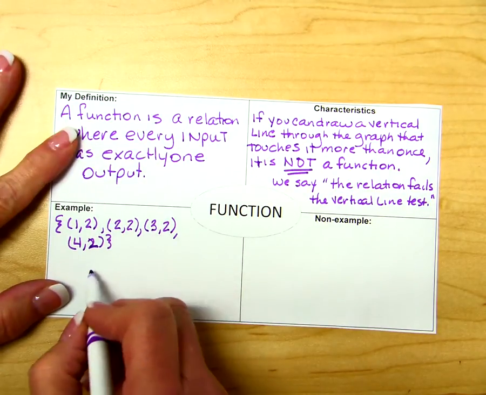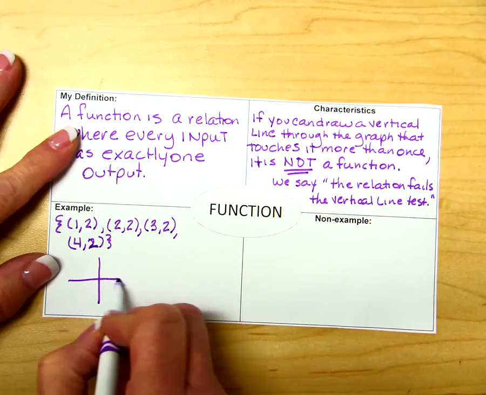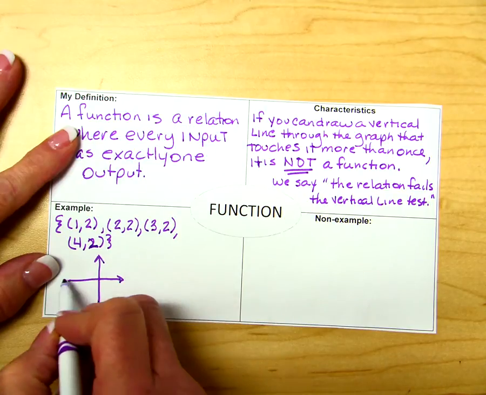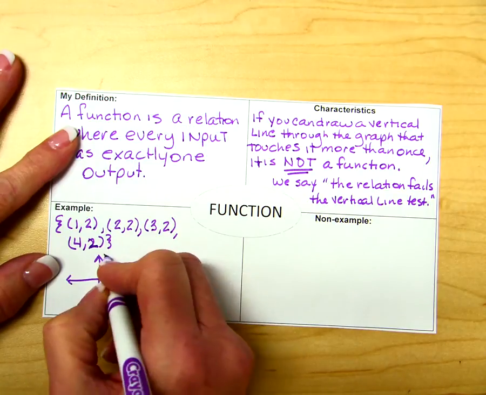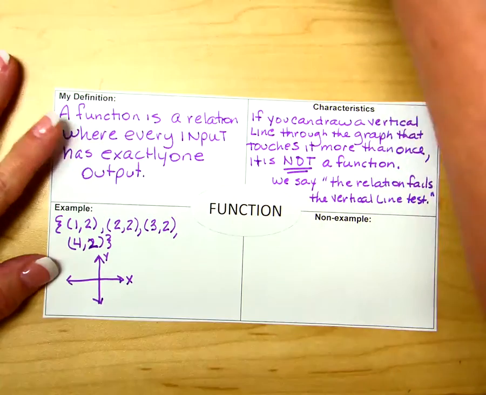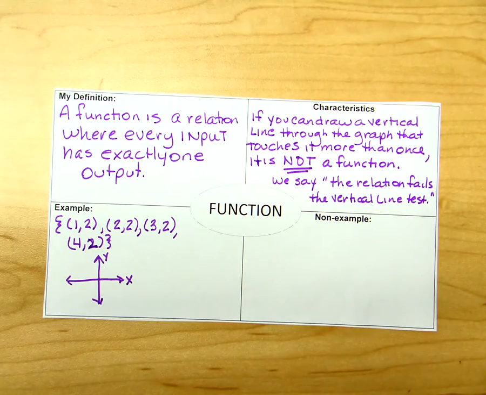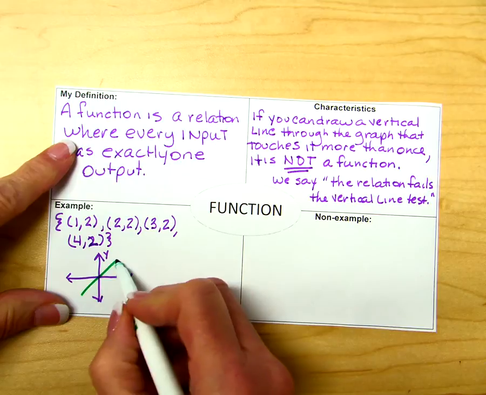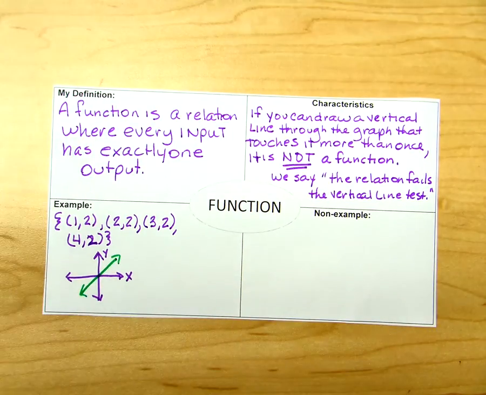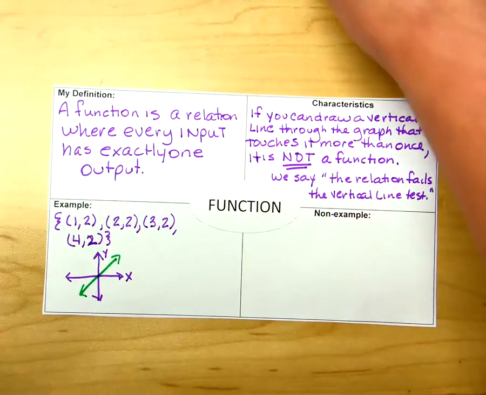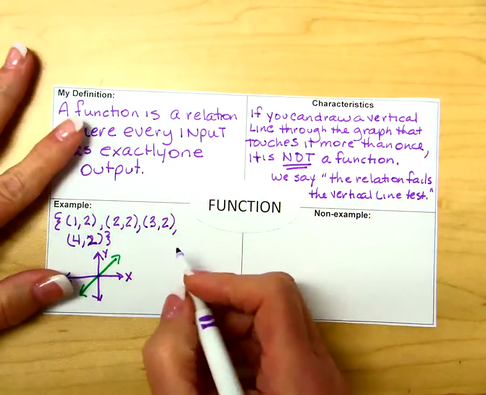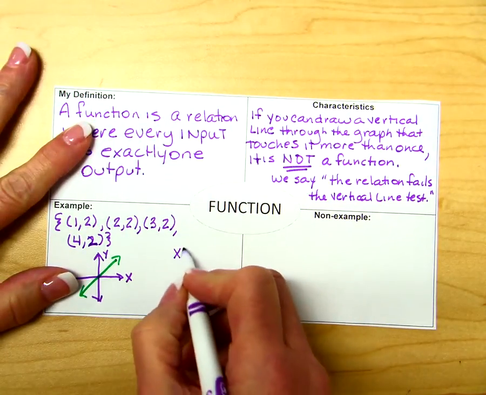We could also do a graph. So here we have our x and y axis, and we can just say that we have a linear function for now. Another example is a table.